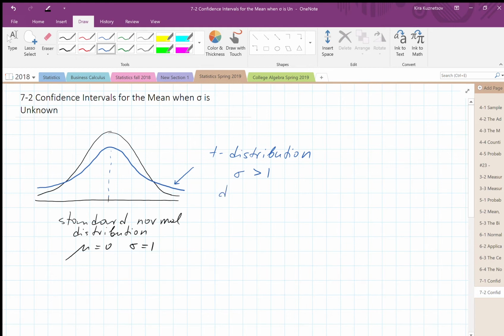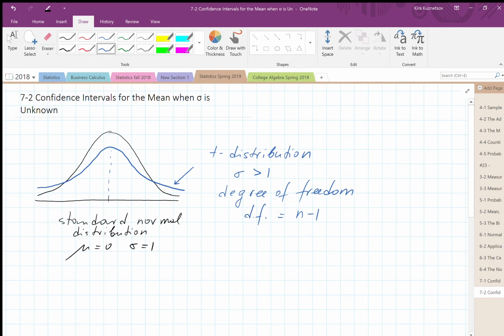The t-distribution will approach a normal distribution with n going to infinity. So as n becomes large enough, the t-distribution becomes the z-distribution. For each t-distribution, we have to find the degrees of freedom, usually abbreviated as df, and it is calculated as n minus 1.